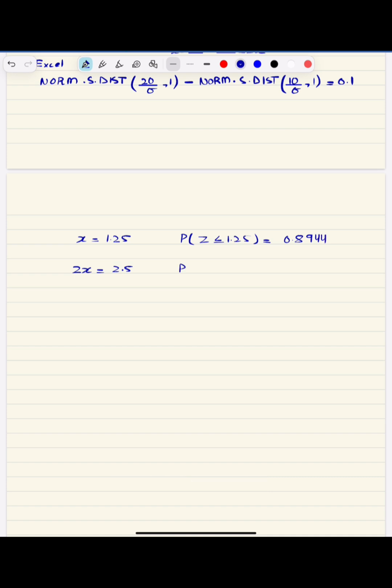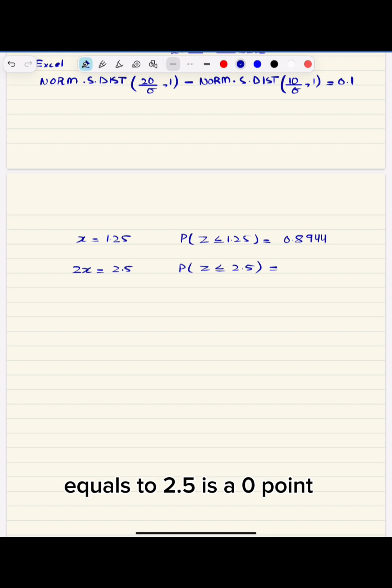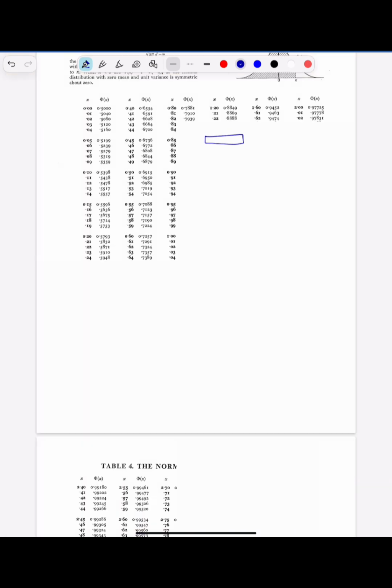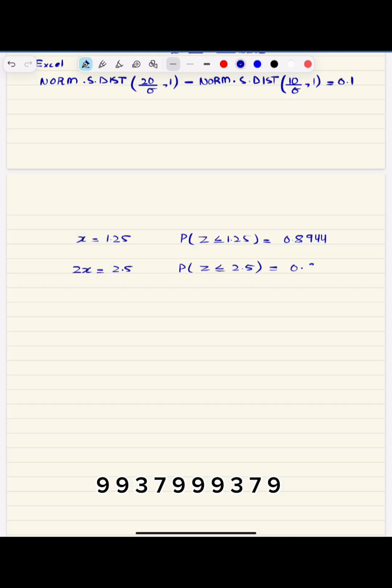0.8944, and the probability of z being less than or equal to 2.5 is 0.99379.